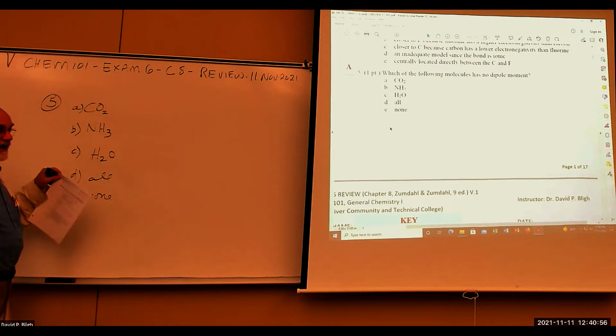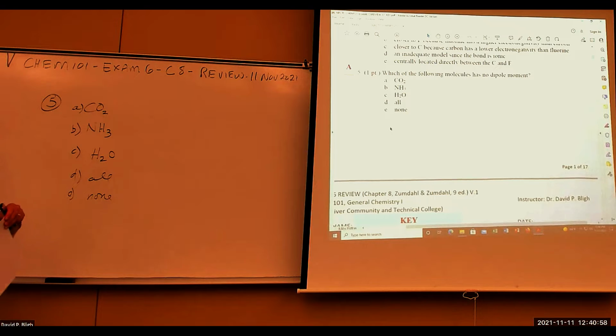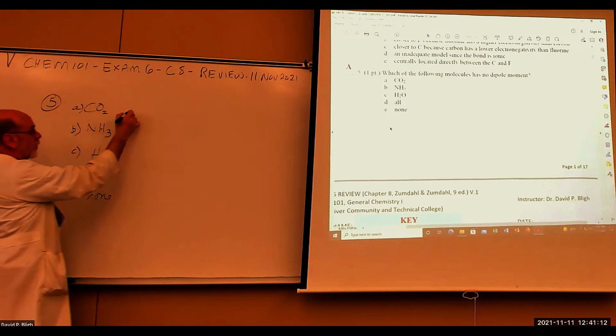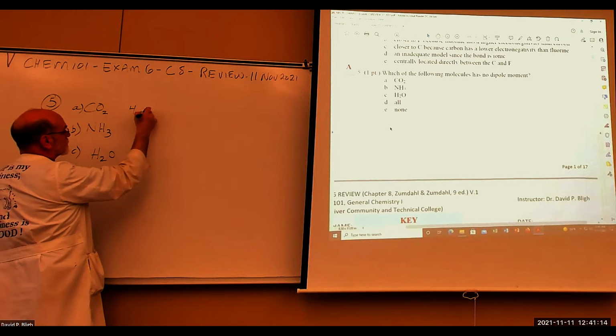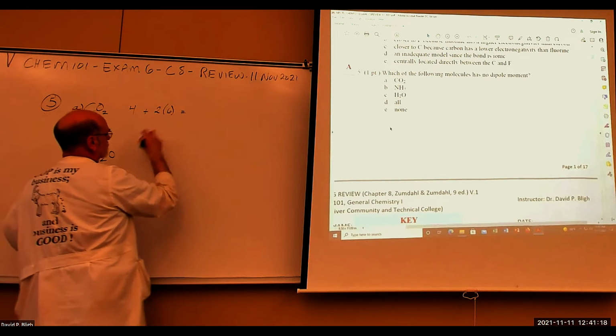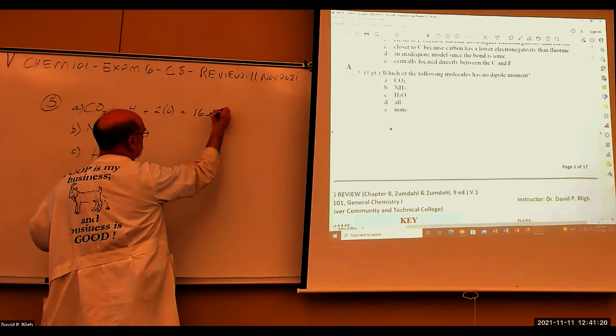So in order to find out whether they have a dipole moment, we need to know, are the bonds polar? And what's the geometry? So we need to draw the Lewis dot structure for these. Valence electrons. Carbon has 4. Oxygen has 6. So that would be 16 electrons, right?